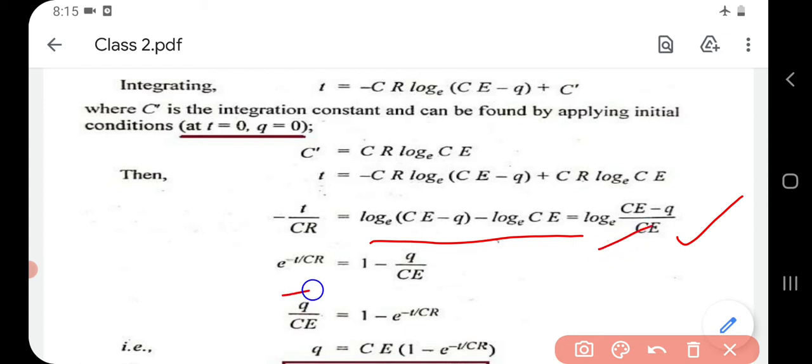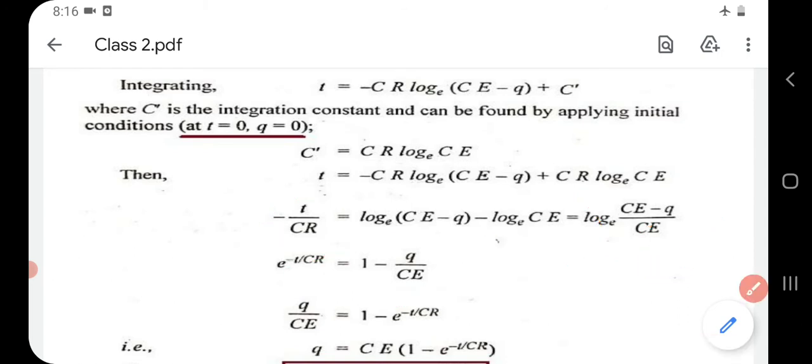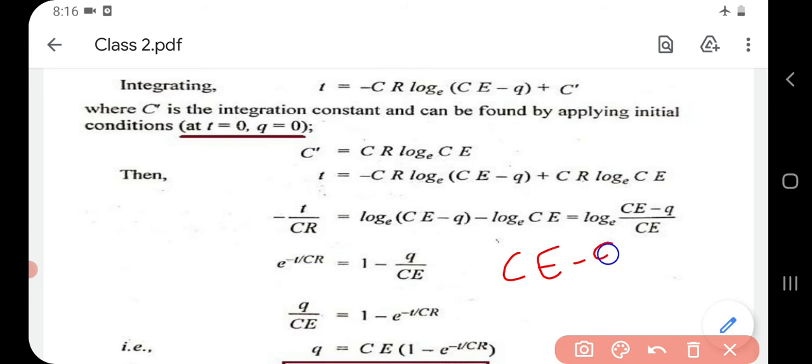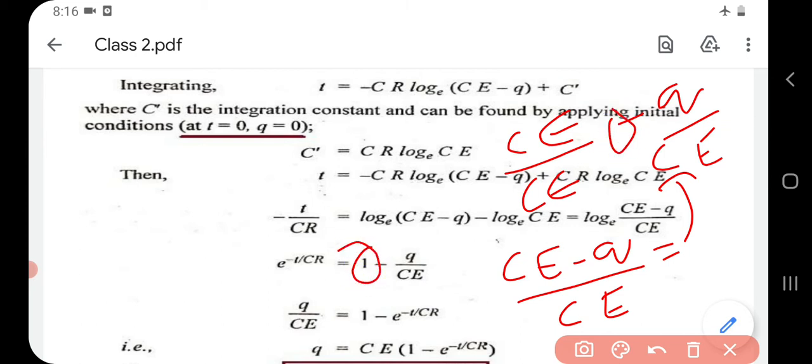That's why you get e raised to minus t by CR equal to, this log will not be written there, and so this one will be C by Q by C, that is C minus Q by C. We are just splitting each of these terms and writing, that is C E by C equals C E by C minus Q by C. What is C by C? That is 1, that is why here 1 is written, minus Q by C.